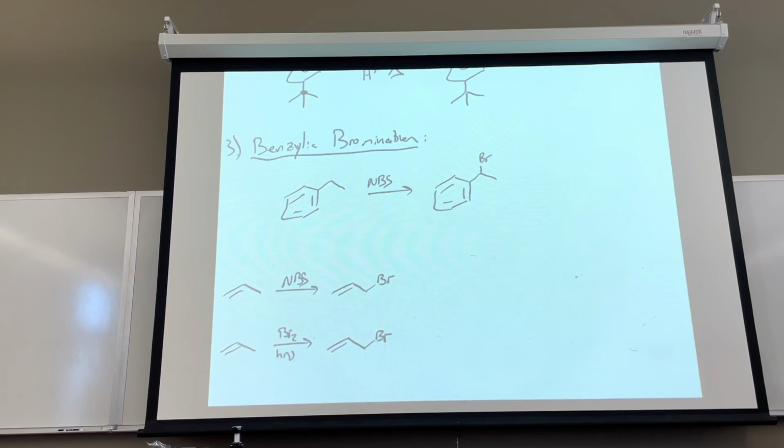It's a concentration thing. If the concentration of bromine is very, very low, you'll get allylic bromination. But if it reaches above a certain threshold, you end up starting to add bromine across the double bond in an addition style reaction.